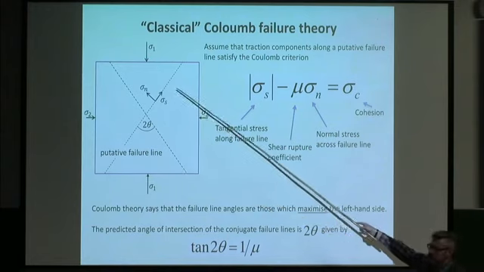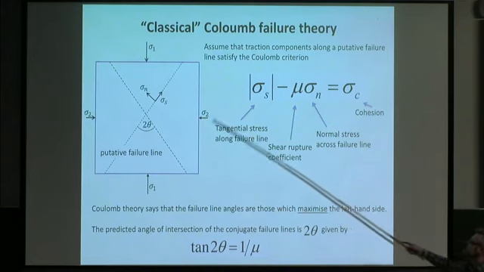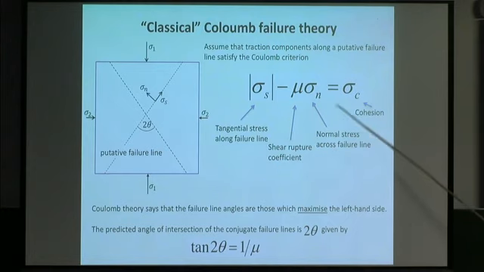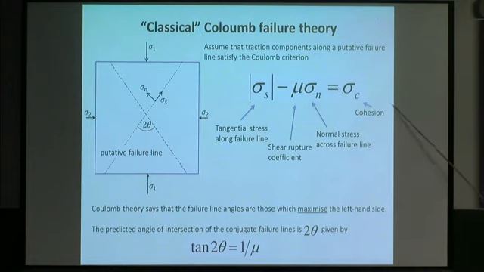Okay, so these dashed lines are putative failure lines. Along one of these putative failure lines, you satisfy the Coulomb criterion. It's the cohesion. So the orientation of these lines, at which this cohesion is first met, is given by 2 theta as being the separation, which is the arctan of 1 over the internal coefficient of friction, or I've tended to call it the shear rupture coefficient.